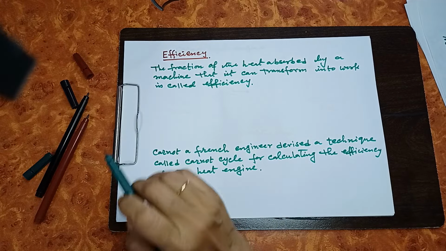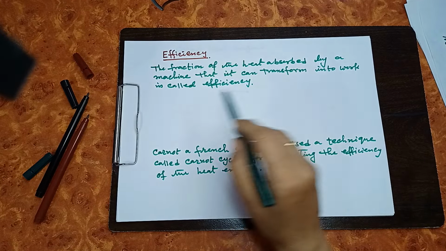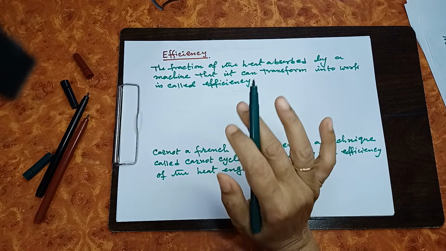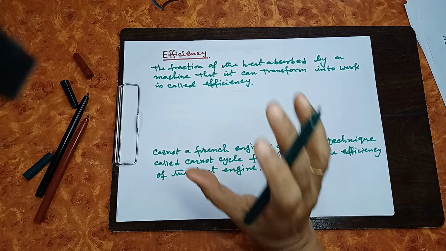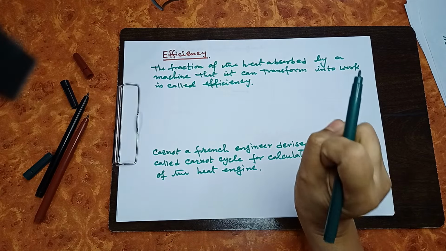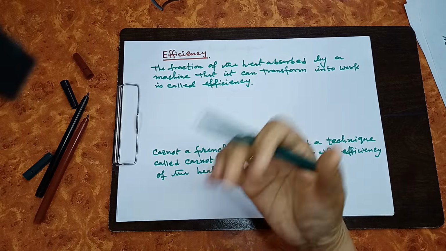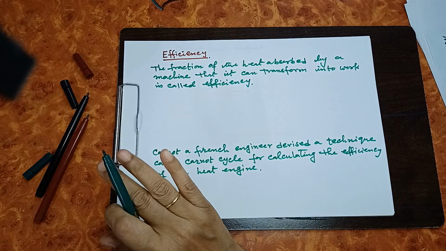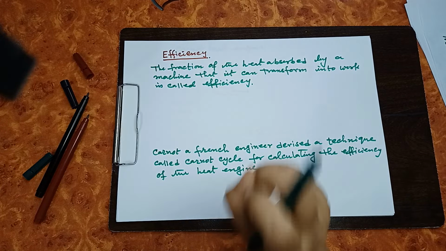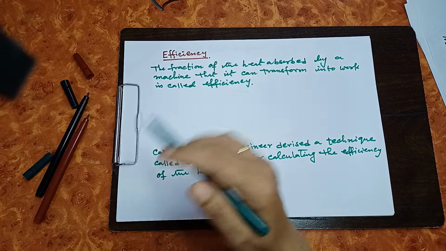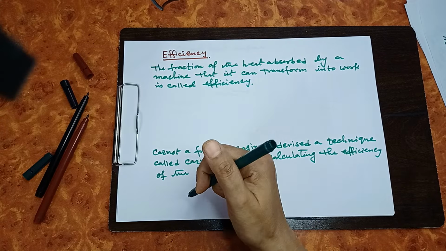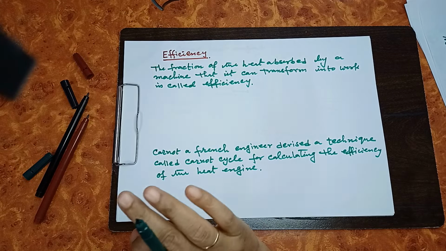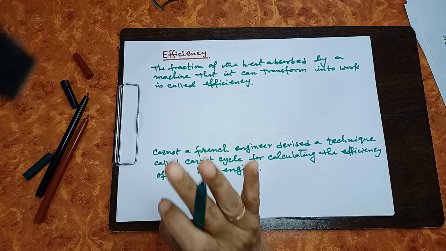So the fraction of the heat absorbed by a machine that it can transform into work is called efficiency. So not the entire heat. Okay, the fraction of the absorbed heat which the machine has converted to mechanical work is known as the efficiency of the machine, or here the efficiency of the heat engine.